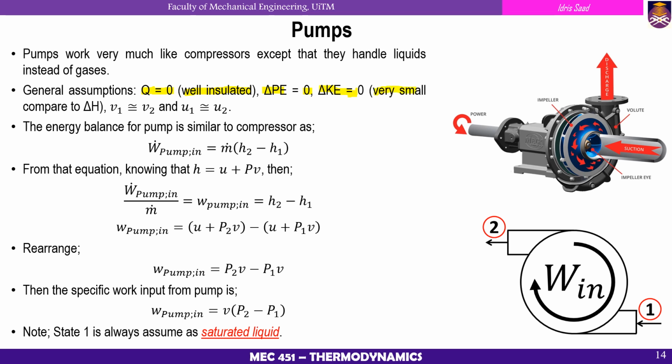Similarly, they are very small compared to delta H. Another assumption is that since the pump is used for incompressible fluid, the specific volume at the inlet is almost equal to the specific volume at the outlet. Thus, the internal energy at the inlet is almost similar to the internal energy at the outlet.